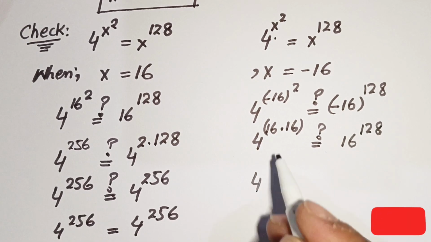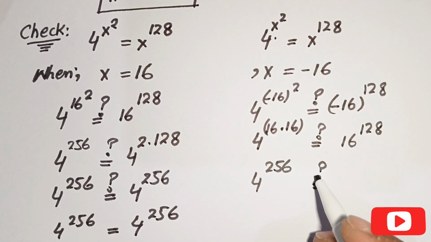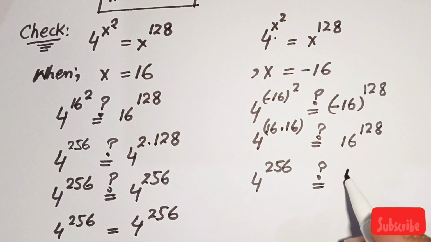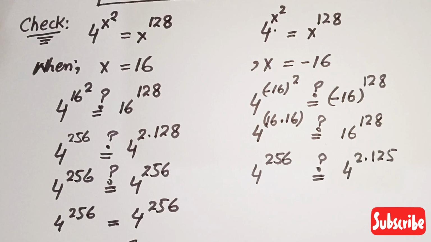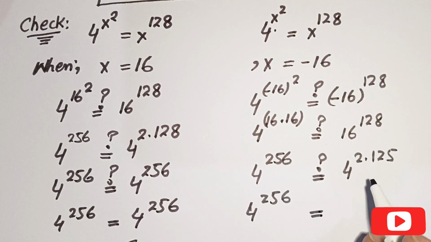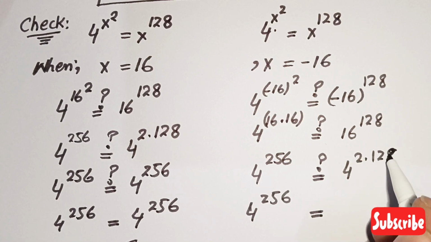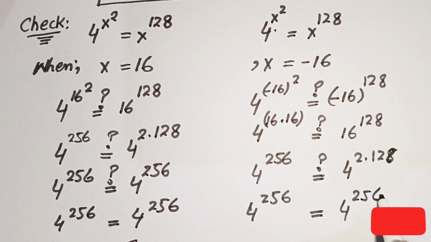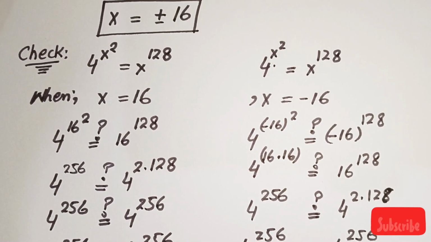Now 4 to the power 16 times 16 is equal to 256, and on our right hand side it will be 4 squared times 128. So our left hand side will be 4 to the power 256, and here we get 2 times 128, sorry, here 128, so 4 to the power 256. So both sides are equal, hence we prove that this value of x is also true for this problem.